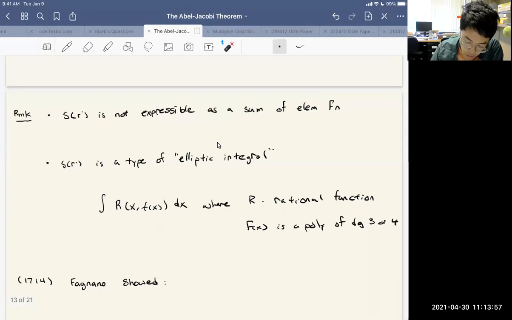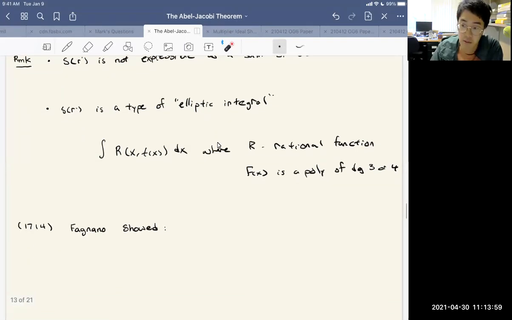Okay, so then we move to 1714, and Fagnano is studying these elliptic integrals, and in particular, the arc length of this figure 8 equation has a really nice property.